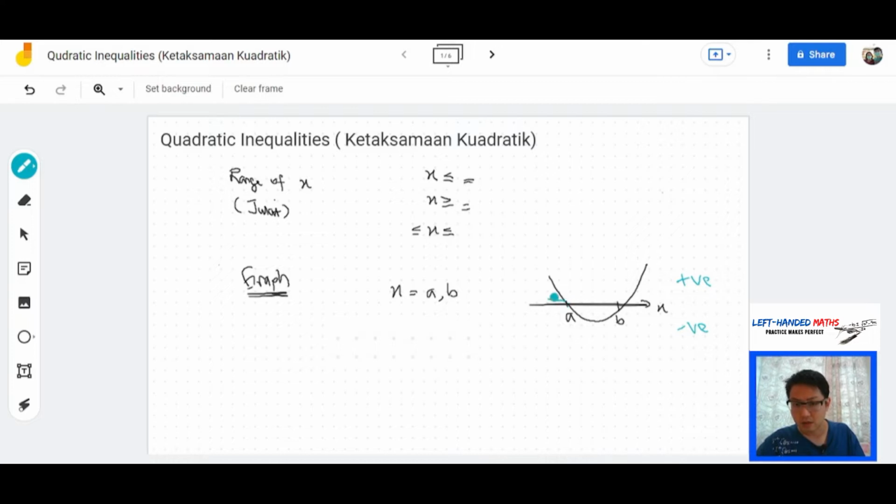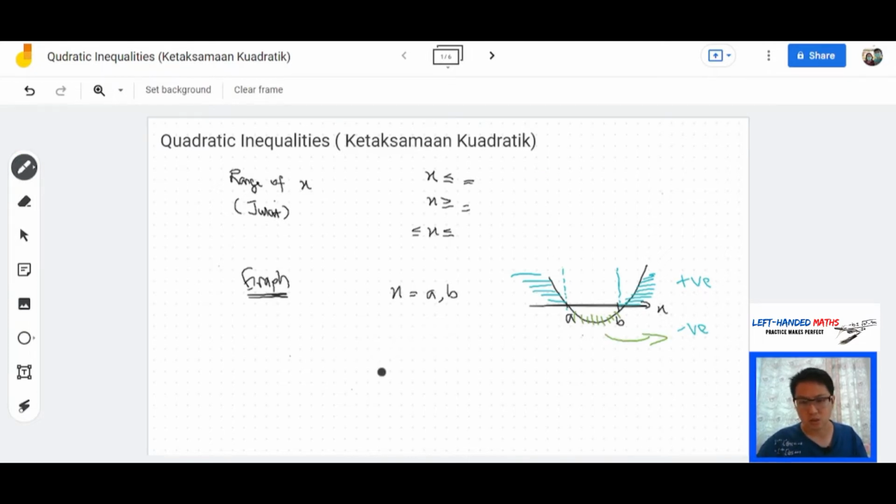Any value less than a is positive because it is above the x-axis, and any value more than b is also positive, because after b the curve is above the x-axis. Any value in between a and b is negative, because the graph is under the x-axis.